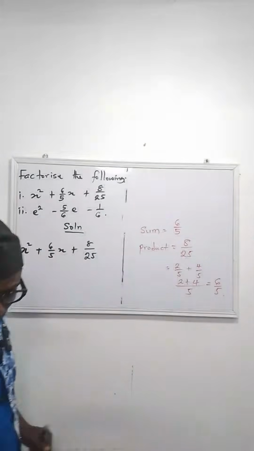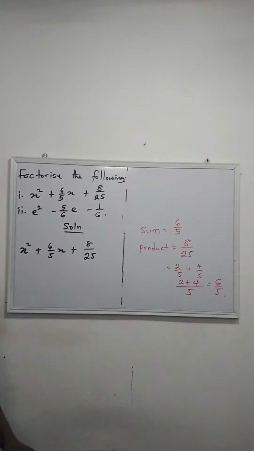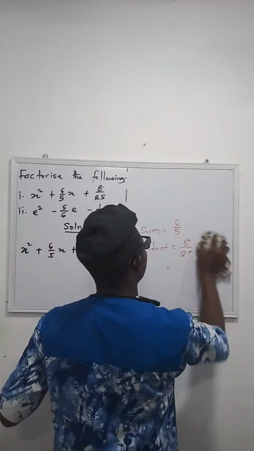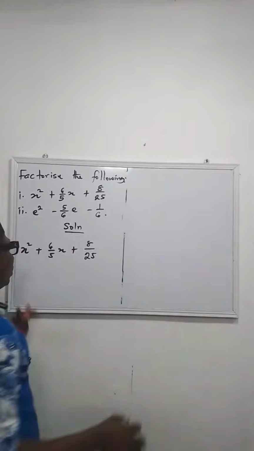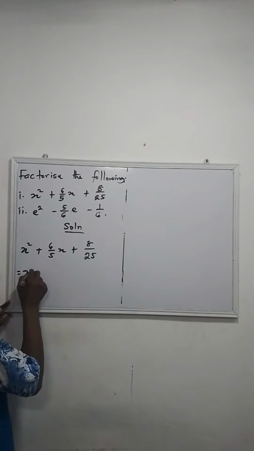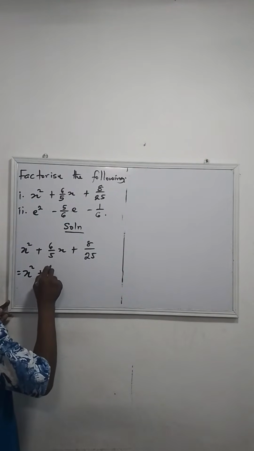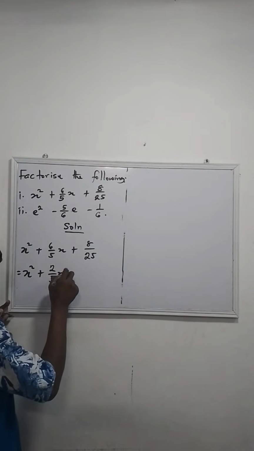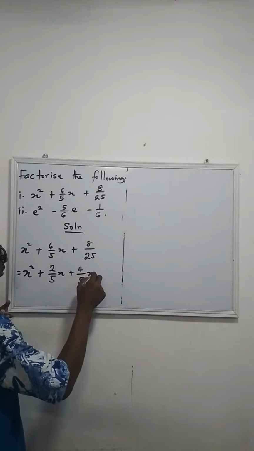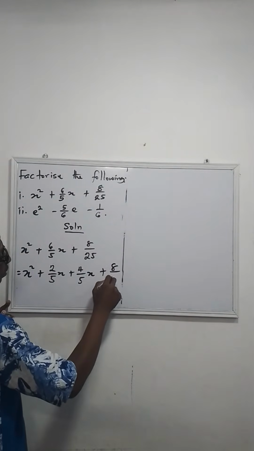You get that? Okay, so that means the two numbers are 2 over 5 and 4 over 5. All right, so now this turns to x squared plus 2 over 5x plus 4 over 5x plus 8 over 25.